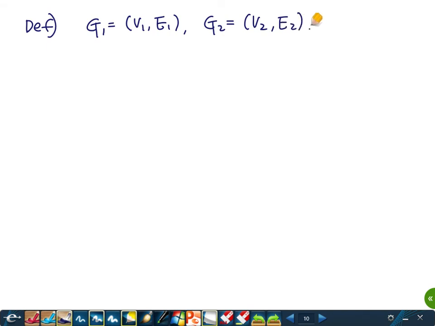So the definition. G1 is (V1, E1), G2 is (V2, E2). Let's say these are simple graphs.